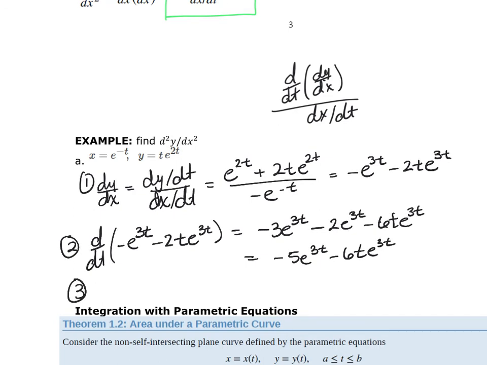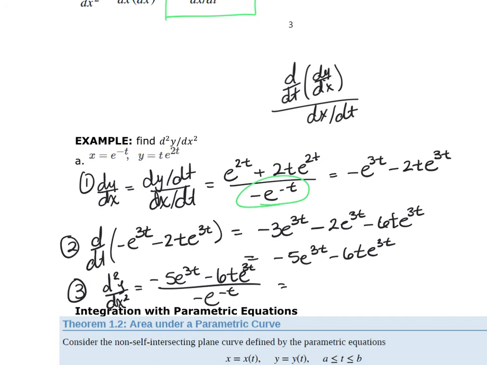My third step is I'm going to bring this together with the dx/dt. So I'm now ready to say d2y of dx2 is going to be negative 5e raised to the 3t minus 6te raised to the 3t, divided by the derivative we have right here, negative e raised to the negative t.